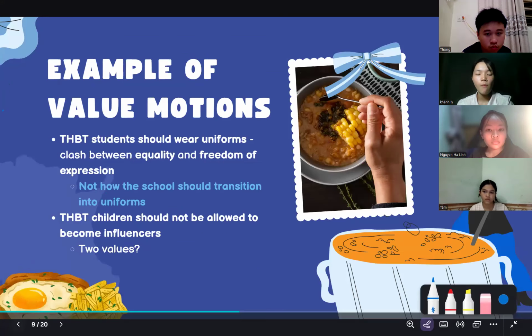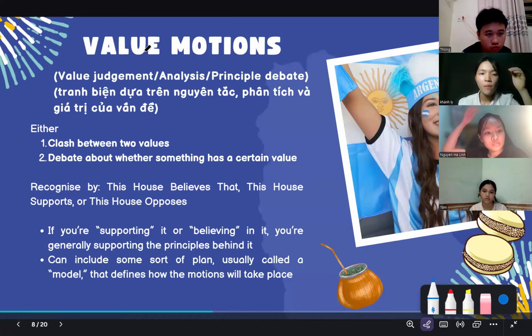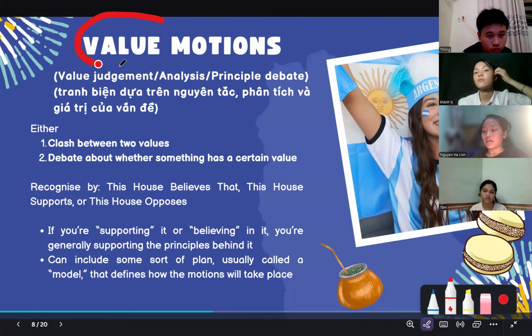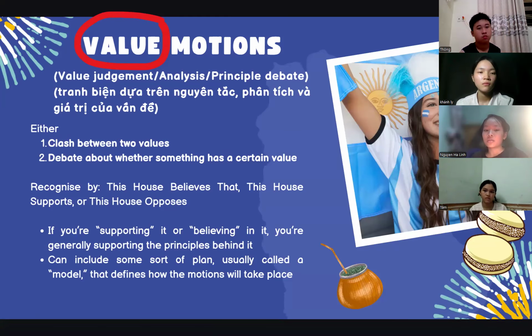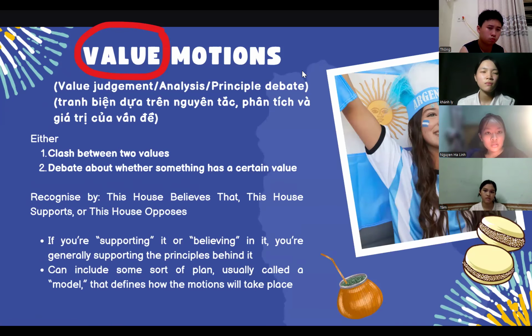Can anyone explain what the meaning of the word value is here? Can you try to explain, or if you cannot really explain, you can give an example to explain. So I'll give you guys a few minutes to think about the meaning of the word value first, and I will ask a few people.